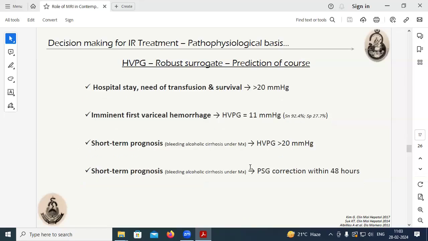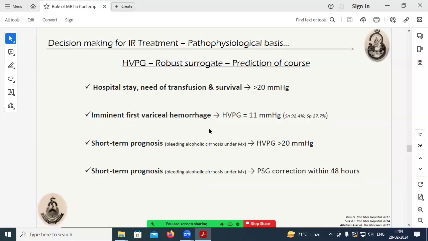And it can also help us prognosticate, for explaining to the patient what the chances would be of a prolonged hospital stay, what the chances are of a first variceal bleed, and in patients of alcoholic cirrhosis, what the short-term prognosis will be.